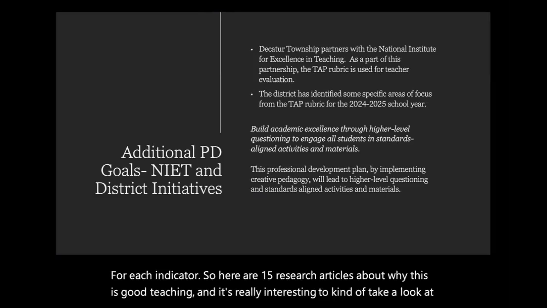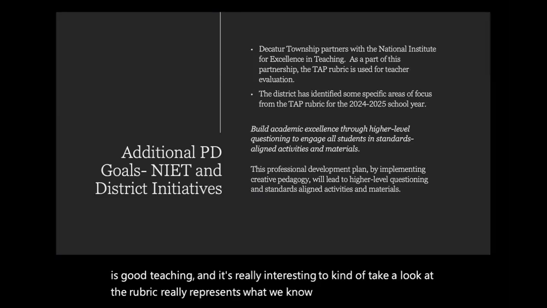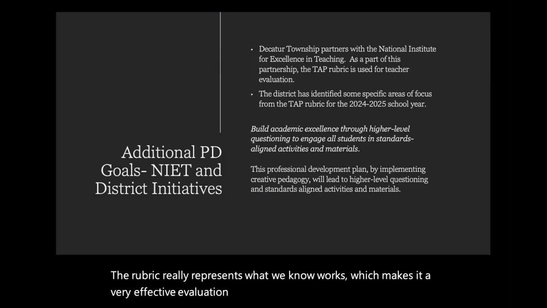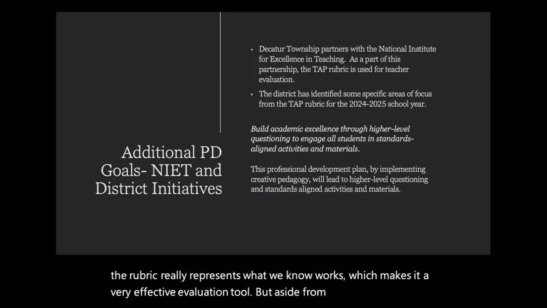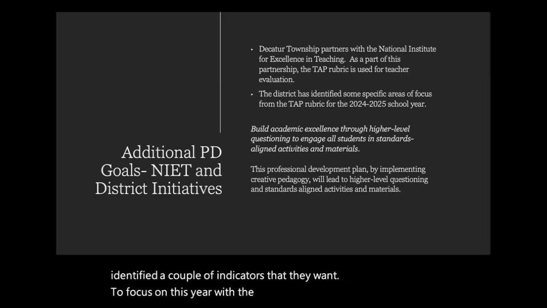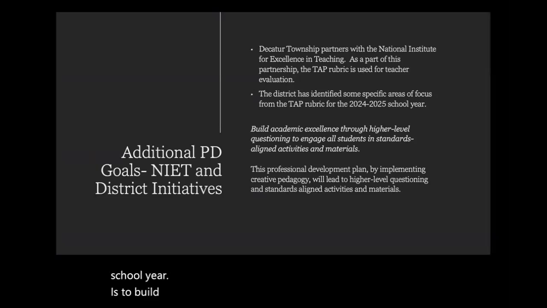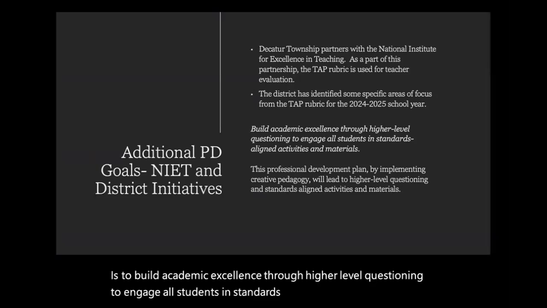The rubric really represents what we know works, which makes it a very effective evaluation tool. But aside from that, the district identified a couple of indicators that they want to focus on this year with the staff. Their goal for the 2024-2025 school year is to build academic excellence through higher level questioning to engage all students in standards aligned activities and materials.